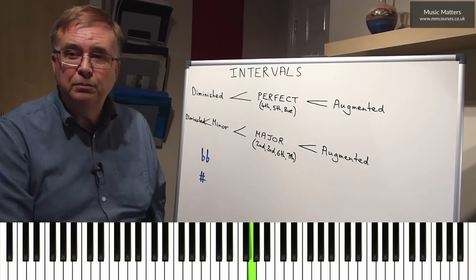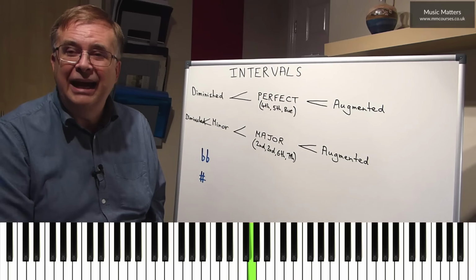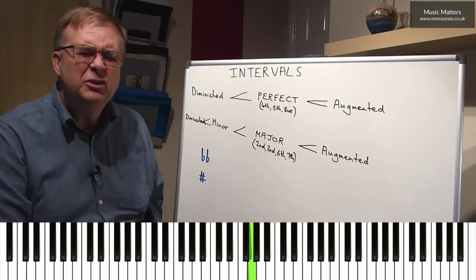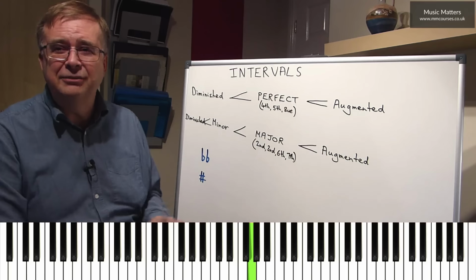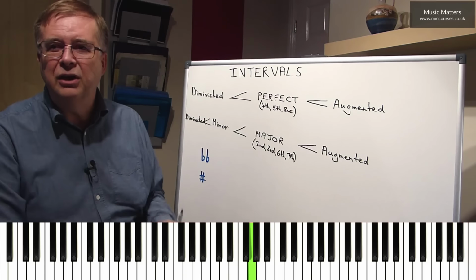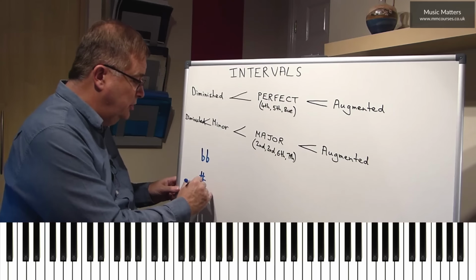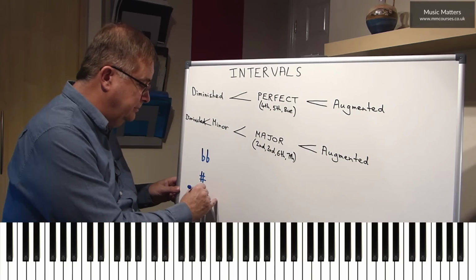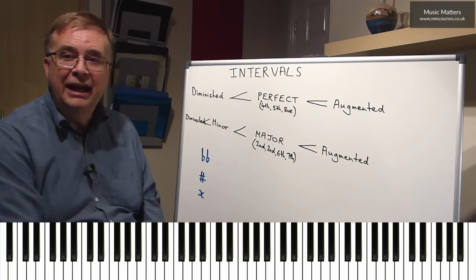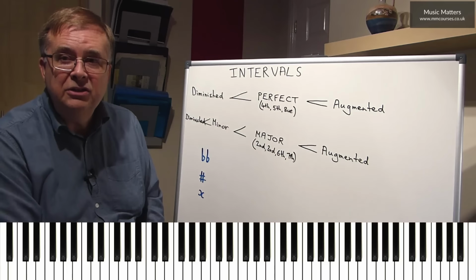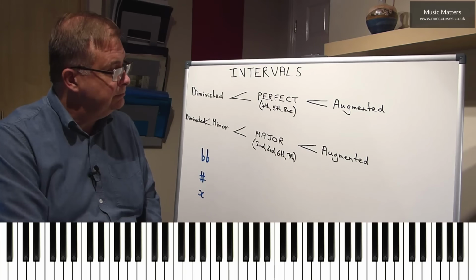So this could be a G, but it could also be an F double sharp. Now, don't worry too much about why that is. It's just in different keys, we might give notes different names. But the sign for a double sharp isn't two sharp signs, it's X. So if you see X, that's a double sharp sign.